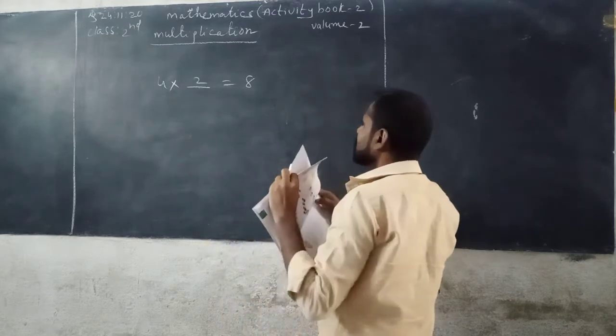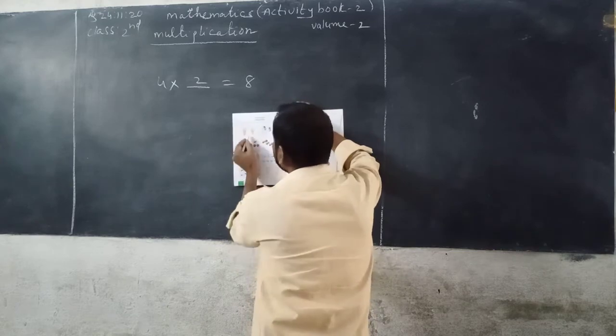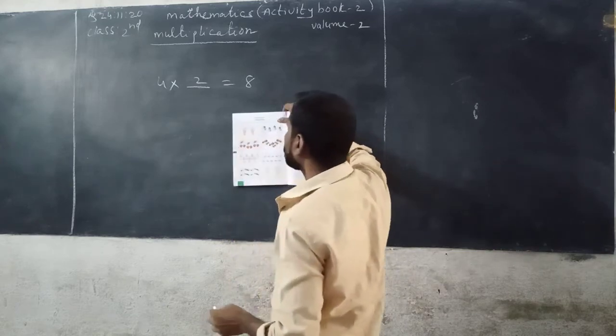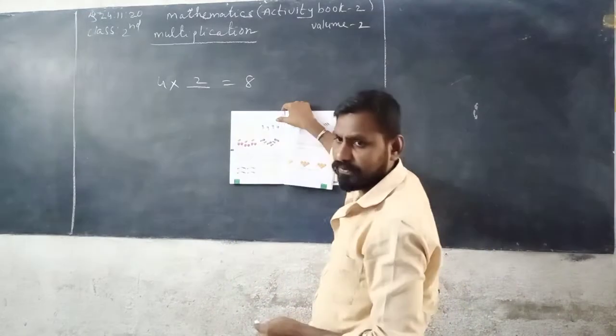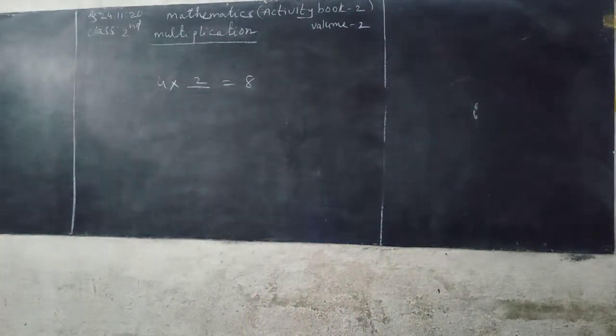How many fingers are there in each hand? 4 fingers. So 4 fingers repeated 2 times. So 4 twos are 8.